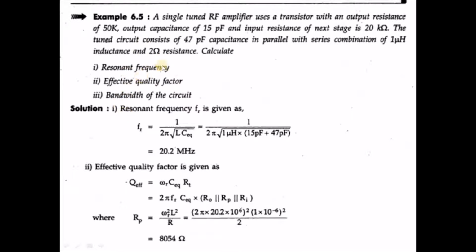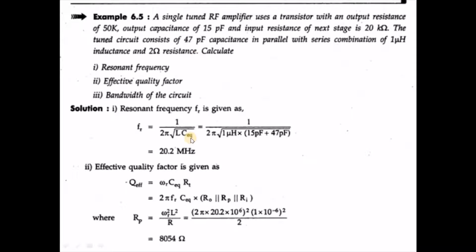Now we have to find out the resonant frequency. We know that the formula for the resonant frequency FR is equal to 1 by 2 pi root of L into C equivalent. So the L value is directly given, which is 1 microhenry, and the C equivalent value is the parallel combination of output capacitance and the tuned circuit capacitance 47.